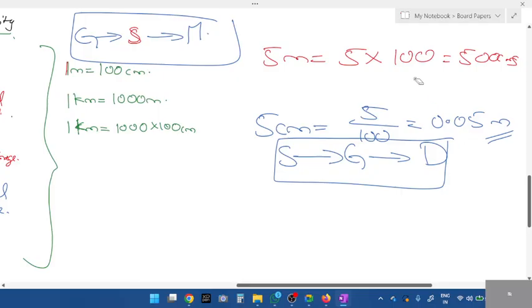Write all this in your formula book. Convert it. And write one example: 5 meters, 5 into 100.